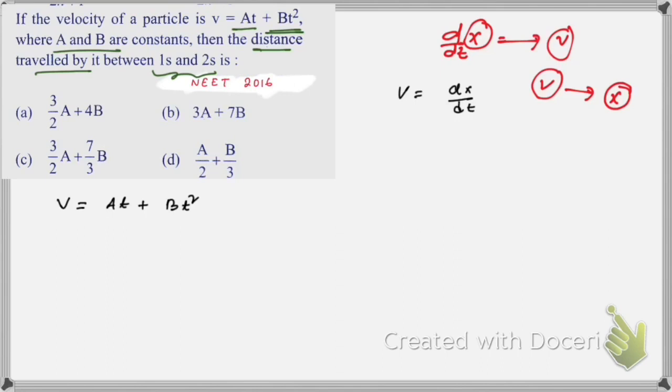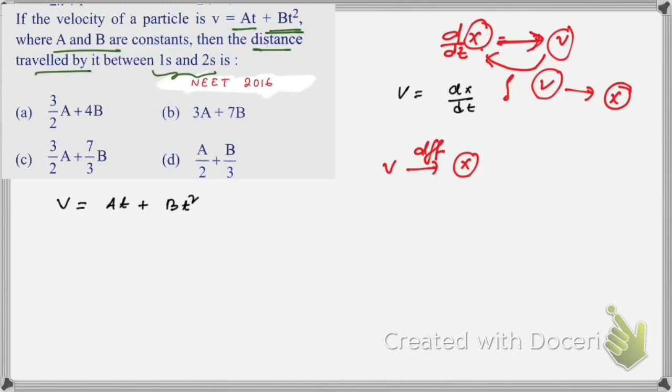If the derivative of x gives velocity, then remember the integration of velocity will give displacement. So velocity is obtained by differentiating x. So this is differentiation.